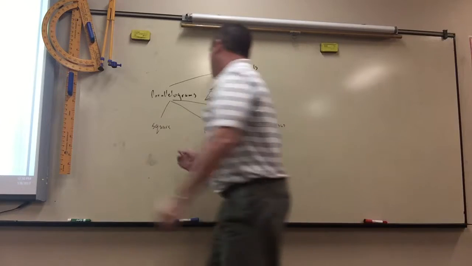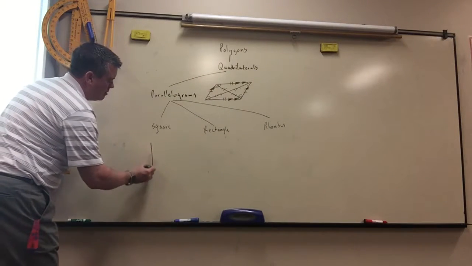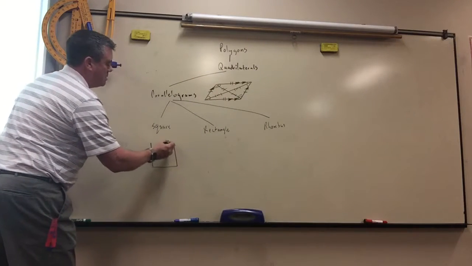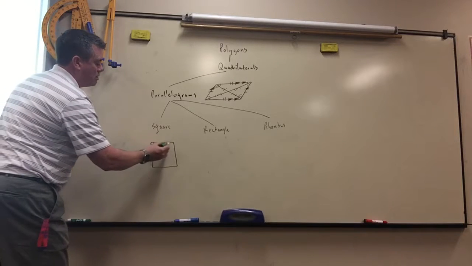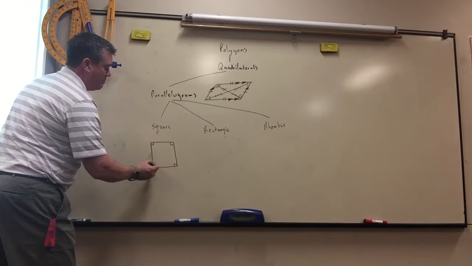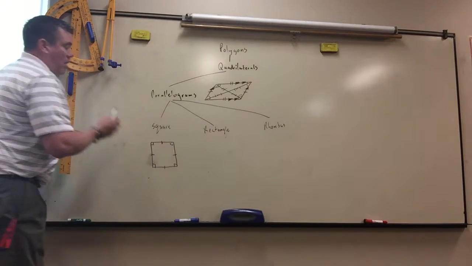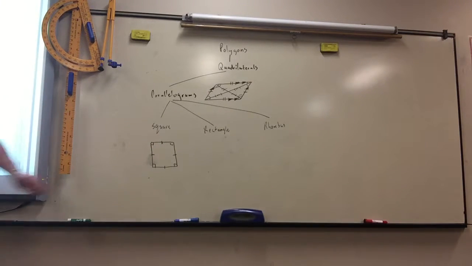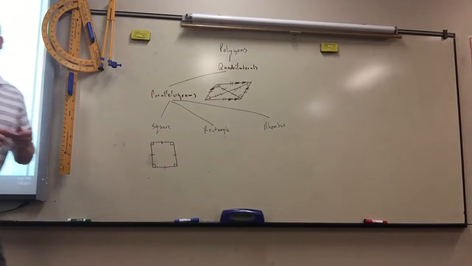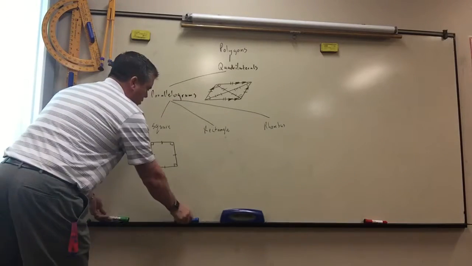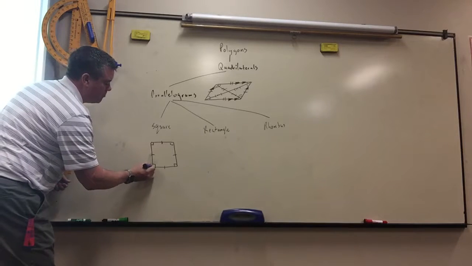Okay? So a square, everyone knows what that is. All 4 corners are 90, all 4 sides are the same. The extra thing that's different from a parallelogram and a square, it has to do with the diagonals.